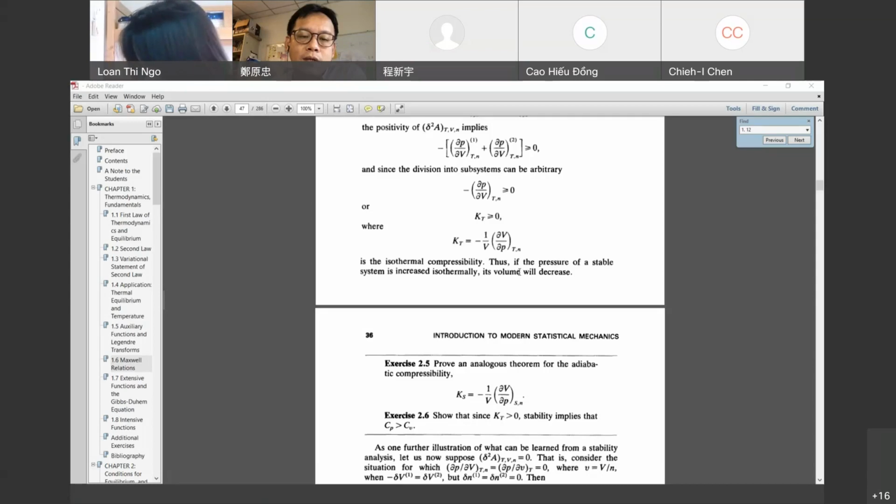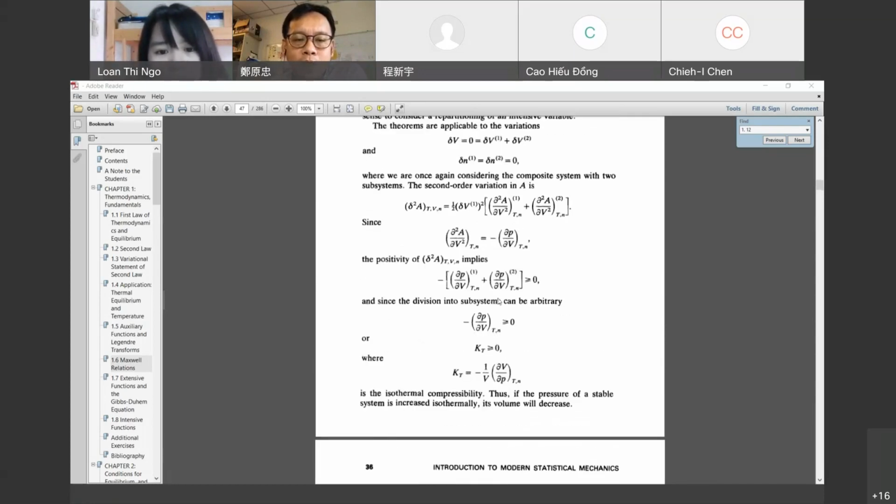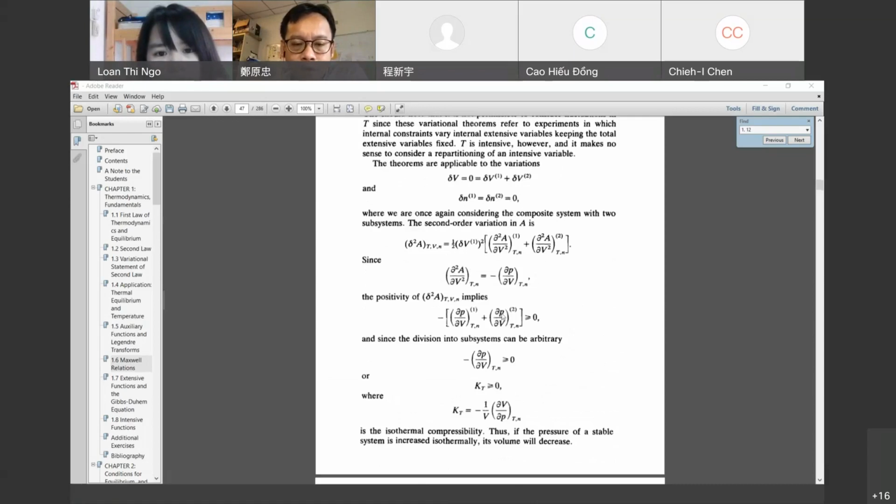Yes, I know that. But from the question, I don't know whether they want to prove this formula or another formula. Before this exercise, Chandler proved a statement, on page 36 from the bottom up: partial P partial V at constant T is less than or equal to 0.